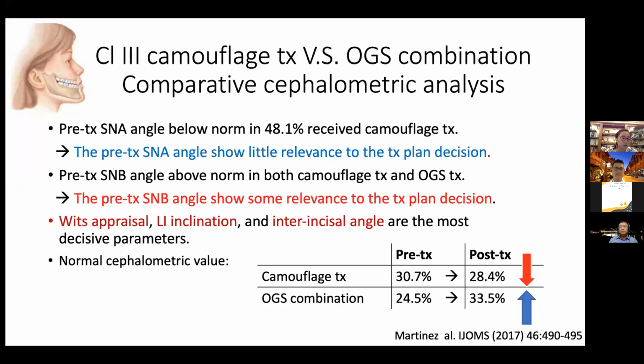And with appraisal, lower incisor inclination and interincisal angle are the most decisive parameters. Patients with camouflage treatment decrease the normal volumetric value percentage after treatment from 30% to 28%, while patients with OGS combination increase the normal volumetric value percentage after treatment from 24% to 33%.